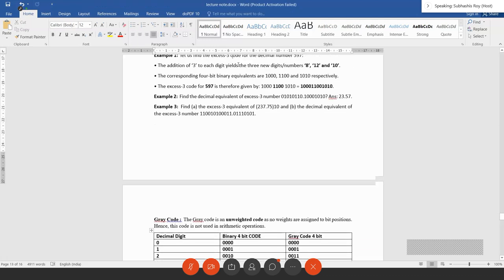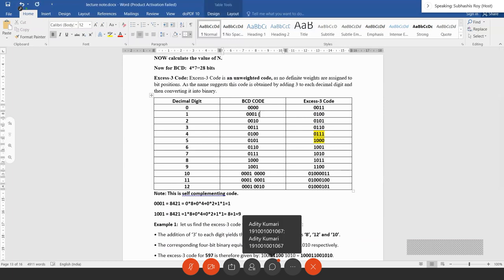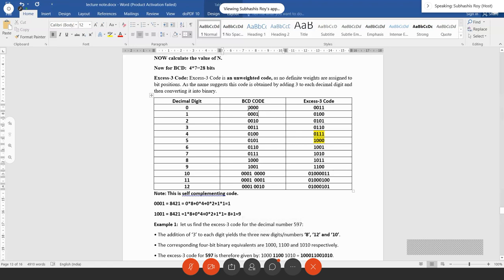Hamming distance means, suppose I am working with a BCD code. Let me give you this example. In the BCD code, how many bits have been changed while you are going from 0 to 1?